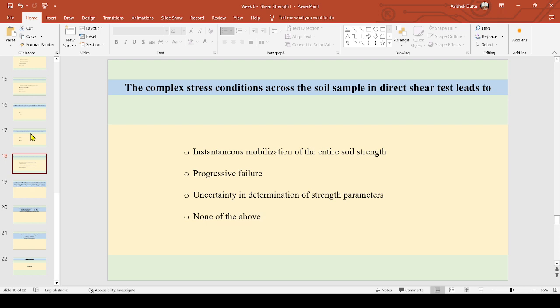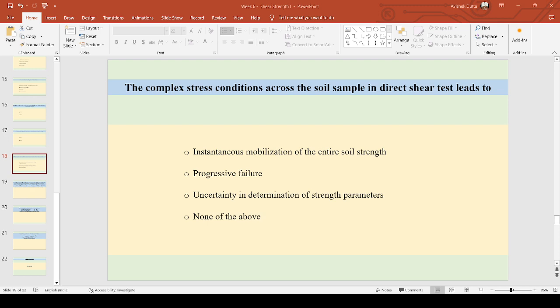Your options are: instantaneous mobilization of the entire soil strength. Option 2, progressive failure. Option 3, uncertainty in determination of strength parameters. And option 4, none of the above.